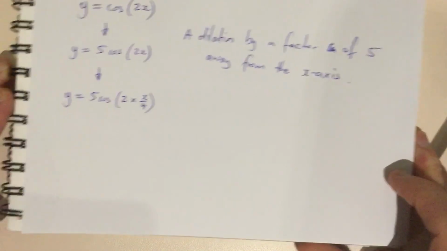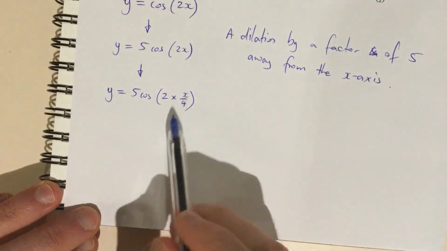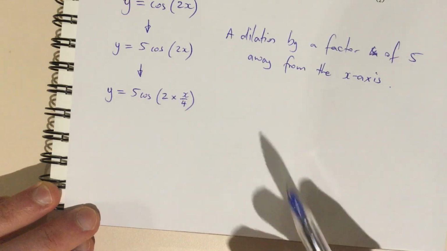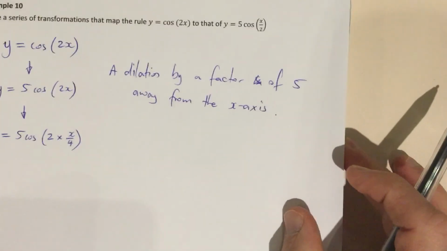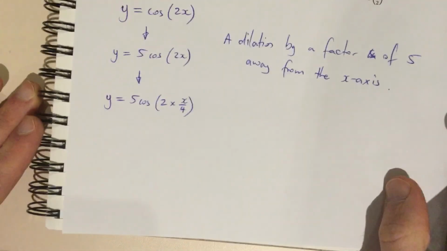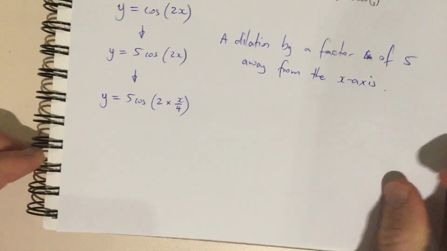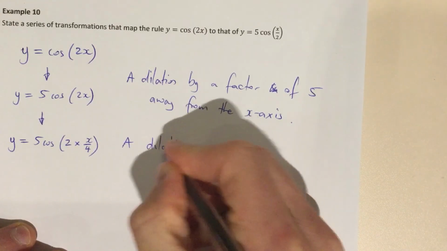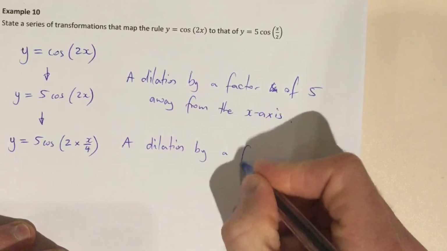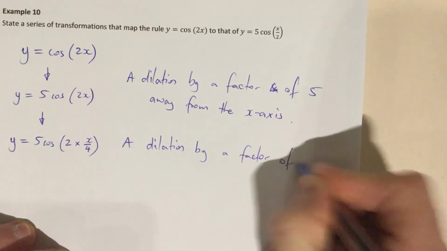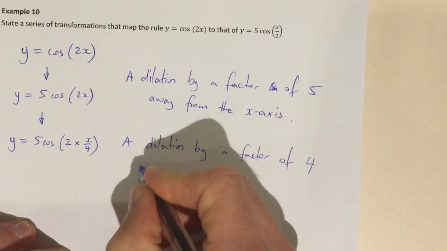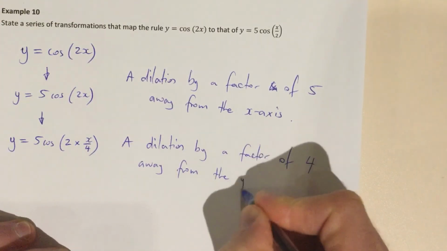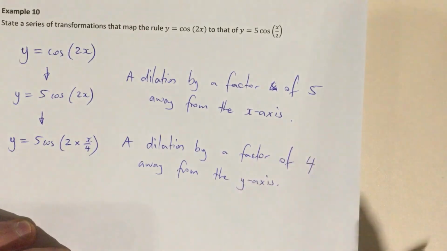So the question is, what sort of transformation turns the x into x on 4? That's our dilation away from the y-axis. And remember though, this is the one where the factor flips from what's in the rule. So this will be a dilation by a factor of 4 away from the y-axis, right?